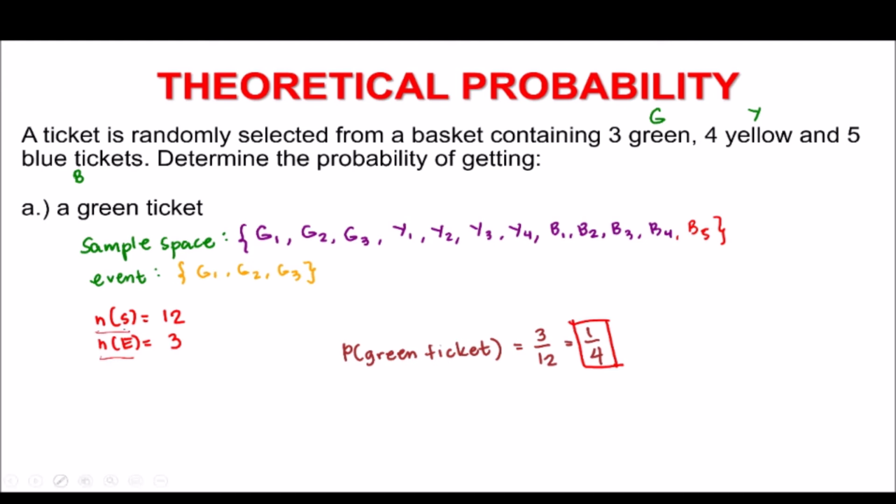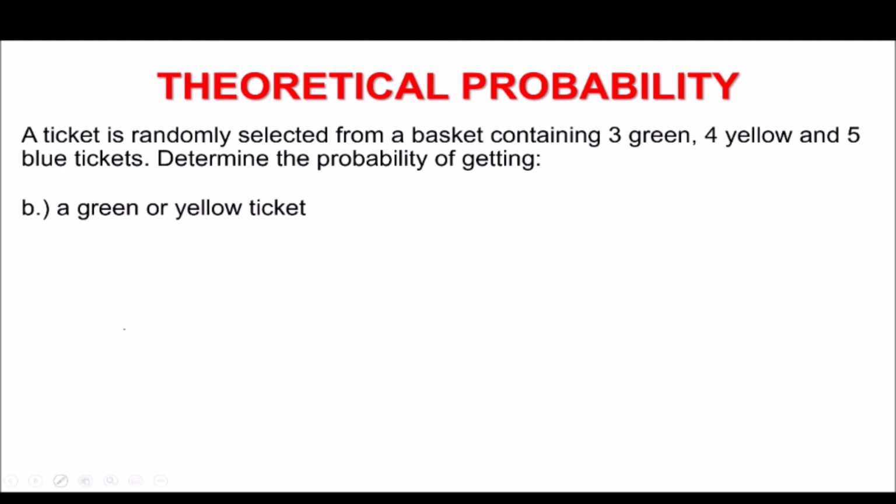Okay, let's continue. So a green or yellow ticket. In our sample space, we have 3 green and 4 yellow tickets. Since we want to find the probability of either getting a green or getting a yellow ticket, what we need to do is just add 3 and 4.